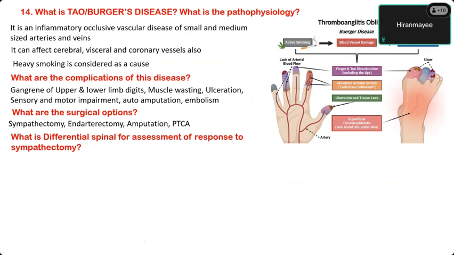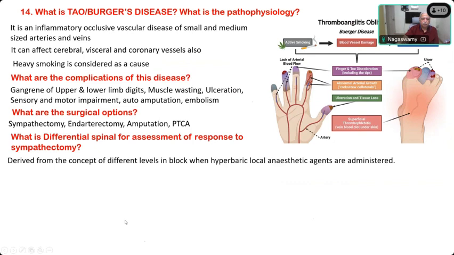Vasodilatation, pain relief, and temperature increase will be there. When there is vasoconstriction in the peripheral parts of the limbs, the skin becomes cold because of the lack of blood supply. The warmth will not be there. So if there is an increase in temperature of 1 degree before and after the block, then you can say the patient will definitely benefit from this sympathectomy.